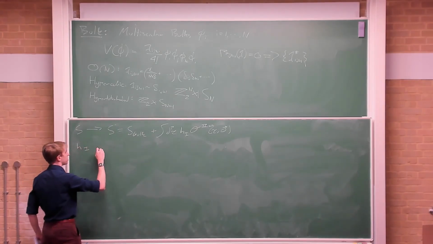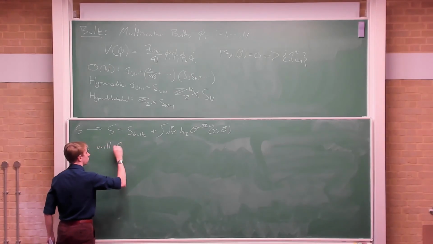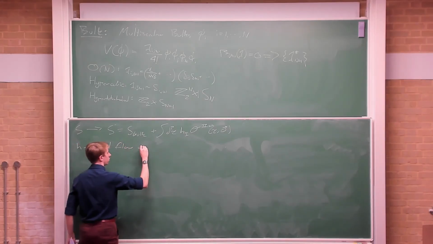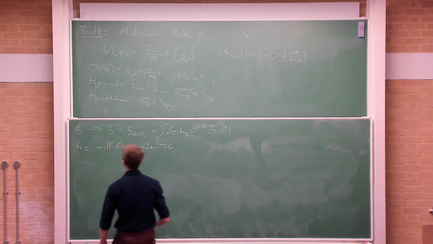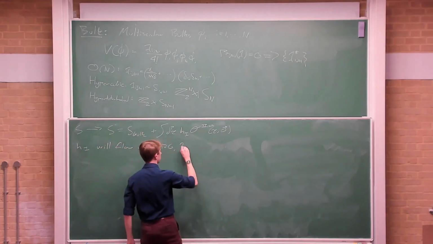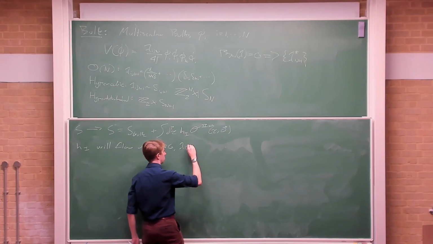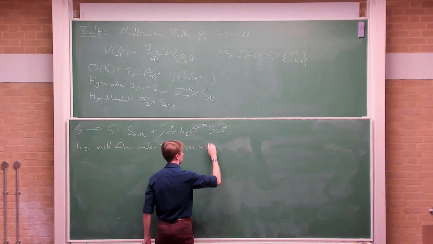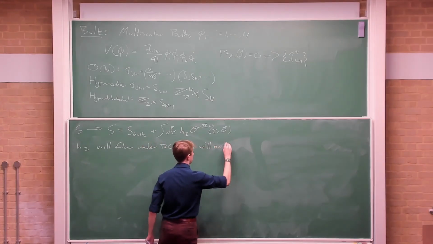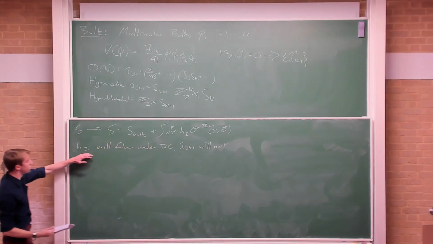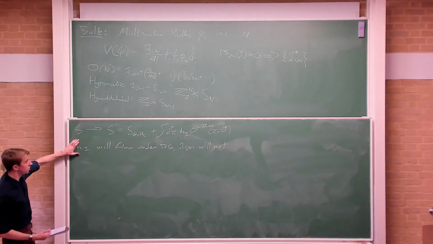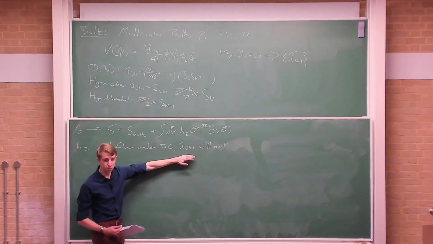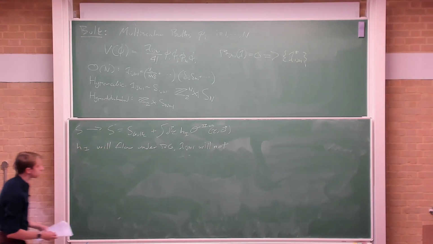So the couplings h_I will flow under RG, but these couplings lambda will stay the same. So the RG flow, once you introduce this defect, will be purely localized to the defect and will not affect the bulk operators in any way.